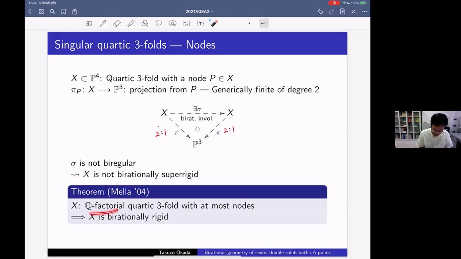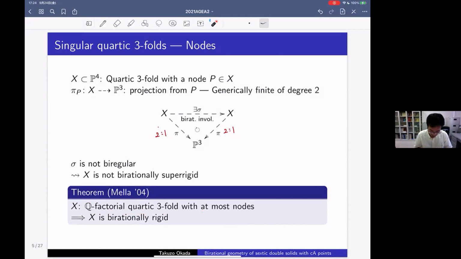But this property is very important: a Q-factorial quartic threefold with nodes is birationally rigid. This is one result. So the presence of nodes breaks super rigidity, but it is still rigid.